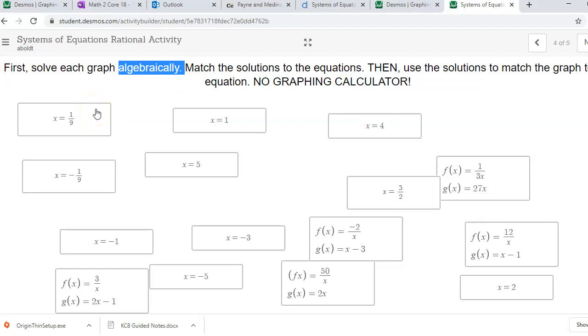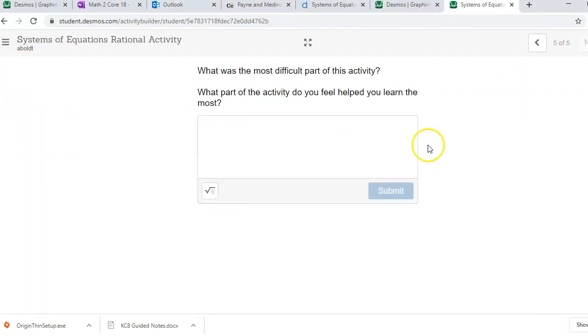But this is all just practice, and if you don't practice, you won't be able to do it. So make sure you are practicing it algebraically. Hit next. Just a fun little reflection question at the end. Once you submit this, you just close out of it. You don't have to finish anything.